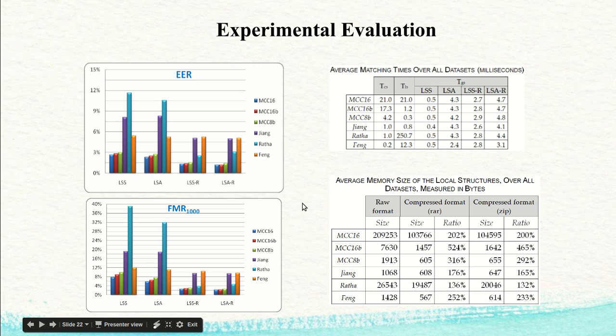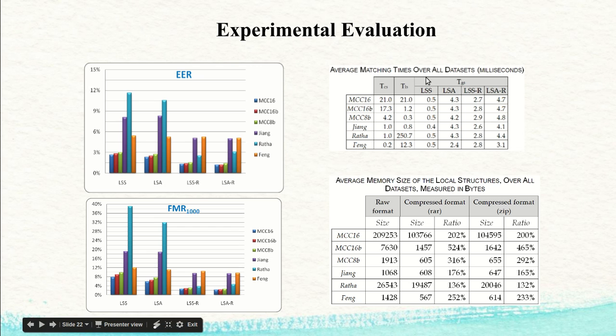Now coming to the top right part, in which we have matching time. In this case, the first is creating the local structure of minutiae, the next is calculating the similarity score for the local structures, and the last is calculating the global score of the minutiae.